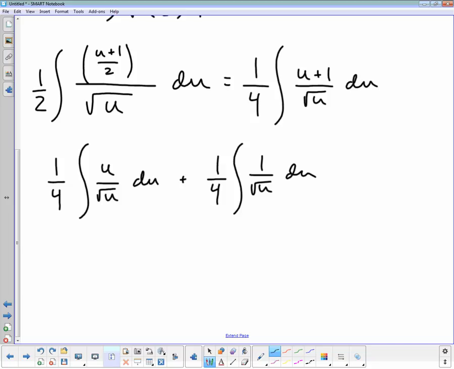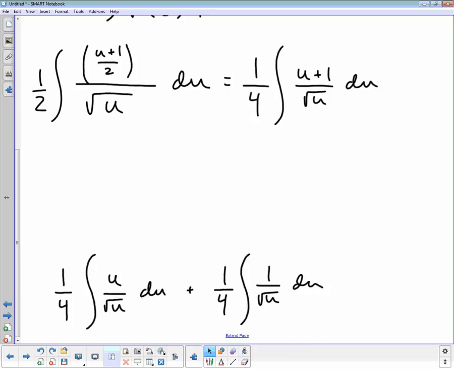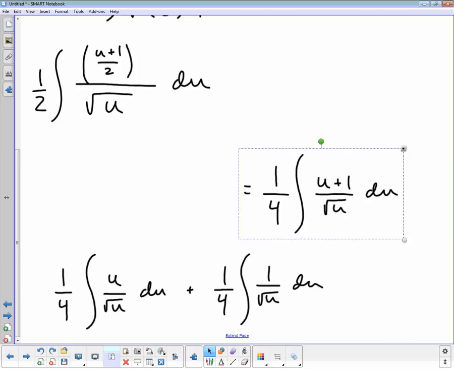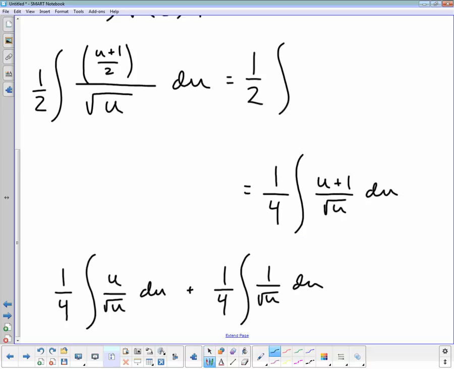In this step, from here to there, and then when I pull it outside, it becomes 1/4.